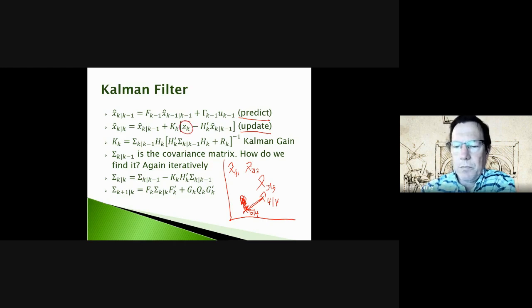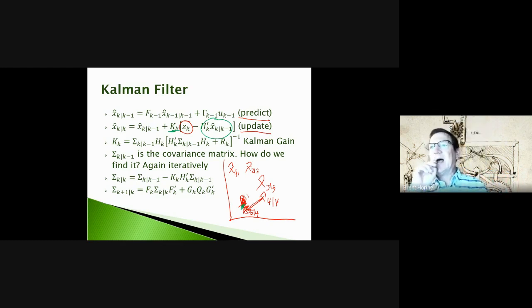And now what we want to do is figure out how much we trust the measurement versus the model that updates it. And maybe the real location is right there, right? Maybe the real location is right there. So we're going to figure out how much to emphasize this versus that using this.